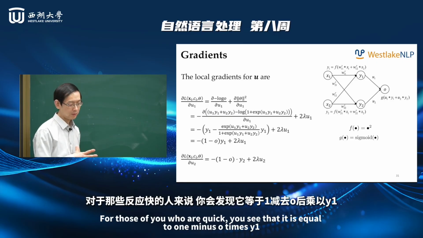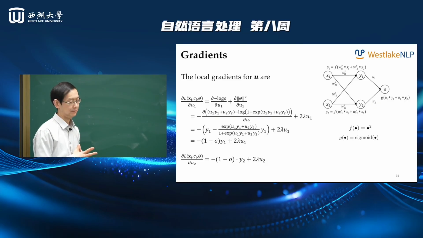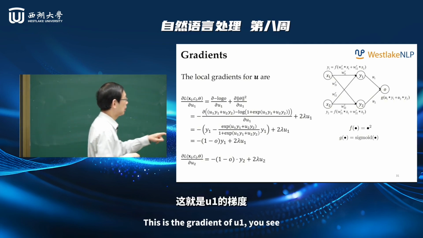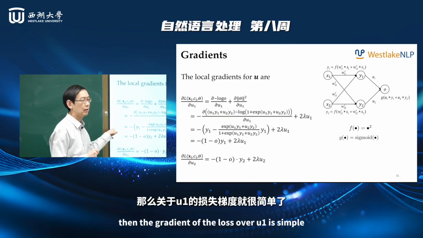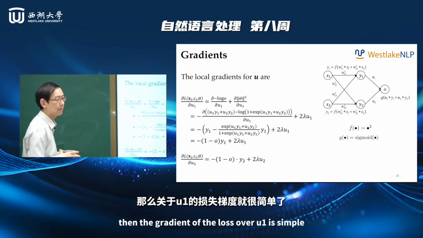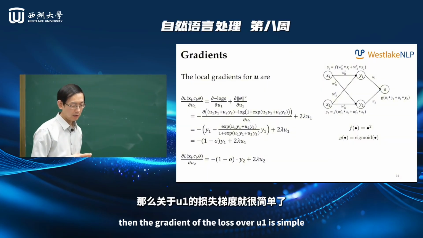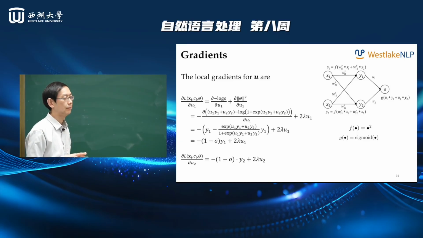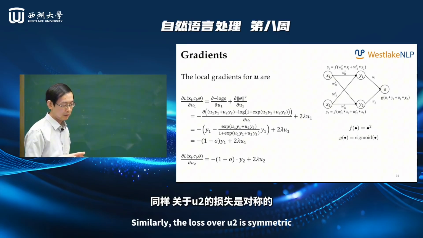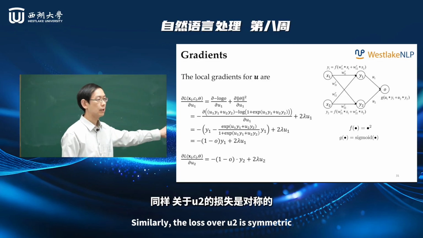For those of you who are quick, you will see that is equal to 1 minus O times y1. So this is the gradient of u1. If I use the value of y1 here, then the gradient of the loss over u1 is simple. Similarly, the loss over u2 is symmetric.